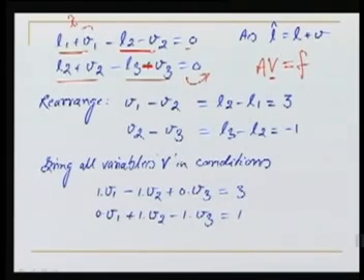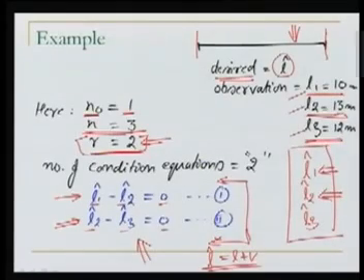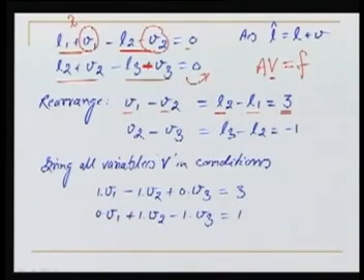So I take the residual V1 minus V2. So V1 minus V2 is L2 minus L1, which is equal to 3, because L2 is 13 and L1 is 10. So L2 minus L1 is 3. So V1 minus V2 is equal to 3.